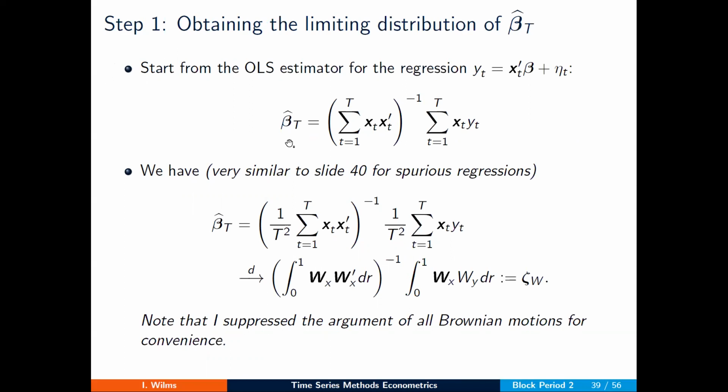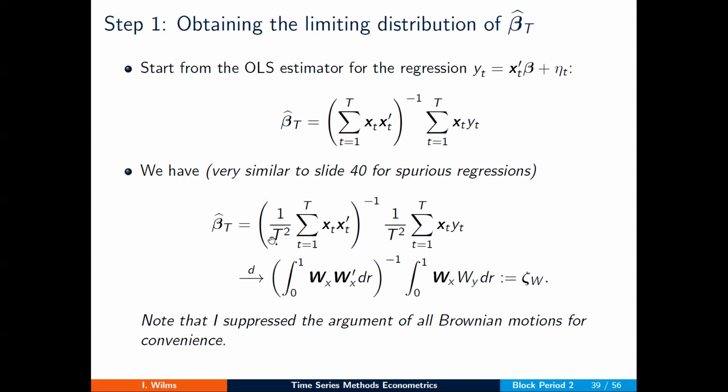As always, we start from the definition of the least squares estimator, and then we introduce the appropriate scaling for the two terms that are involved. Since they follow a random walk model, you can plug in the respective partial sums of the error terms to arrive at this limiting distribution over here.